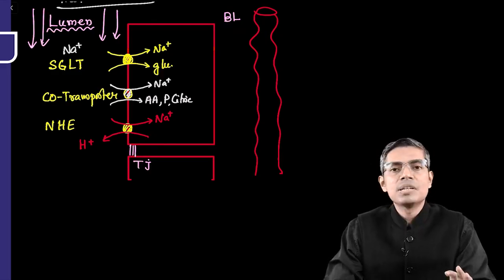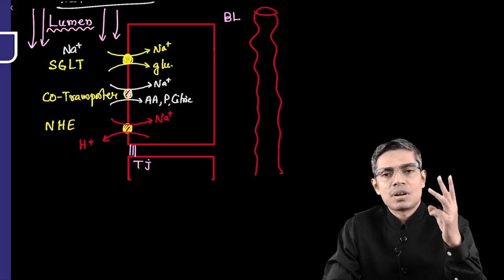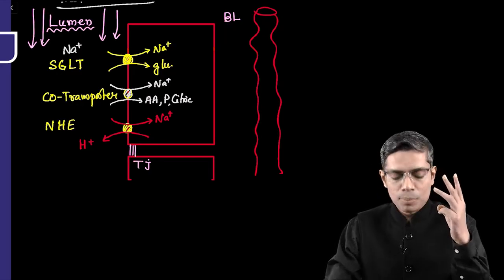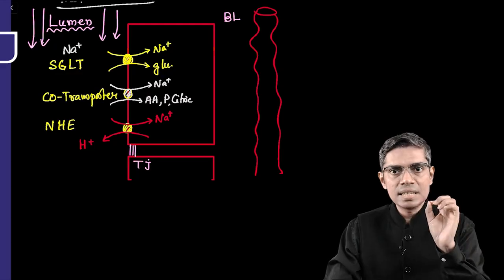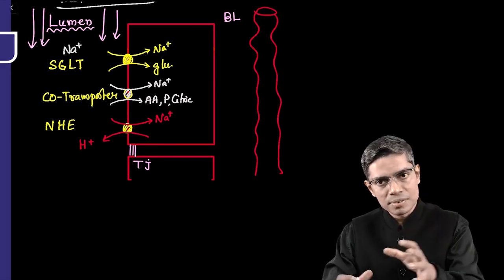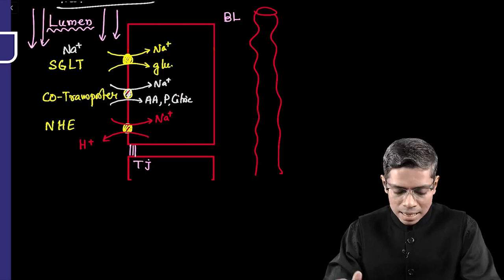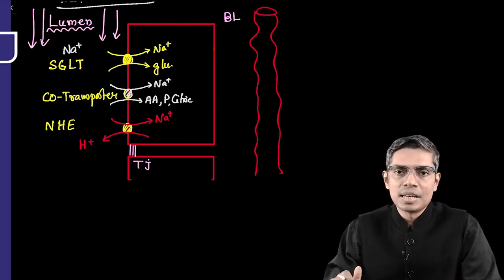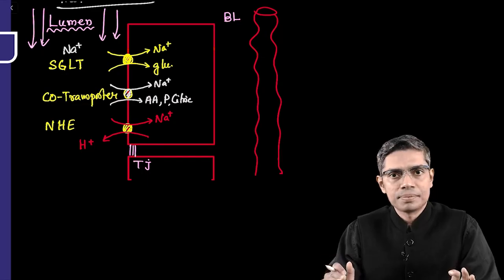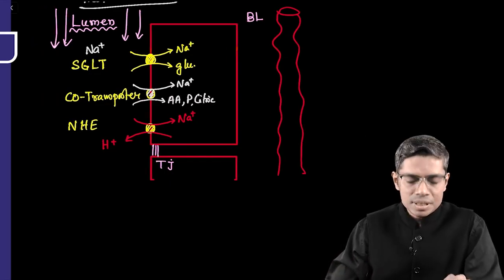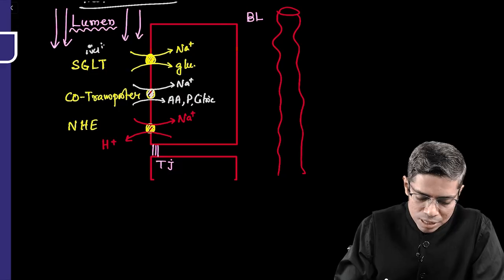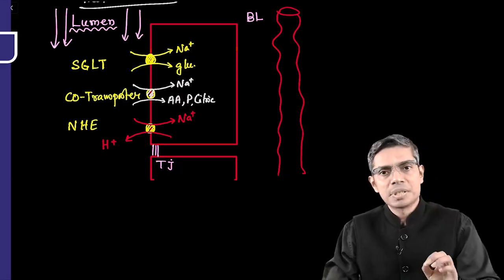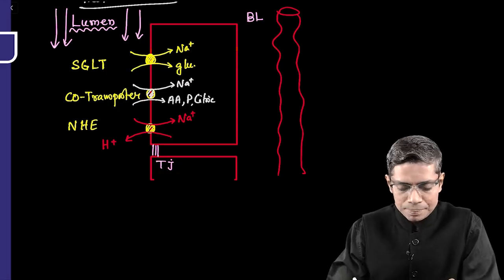Okay, but for the time being, remember that three major groups of transporter are reabsorbing sodium at the level of proximal tubule: sodium glucose co-transporter, that is the SGLT, sodium along with other molecules like amino acid, citrate, phosphate, so various other groups of co-transporter there, and sodium in exchange with hydrogen, that is sodium hydrogen exchanger. Now the obvious question is, among these three groups of transporter, all of them secondary active transporters, which one is going to reabsorb the maximum amount of sodium?